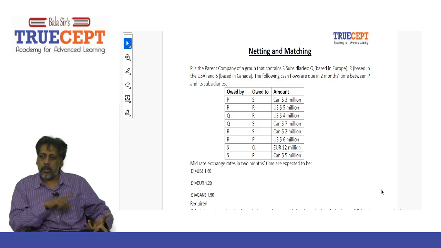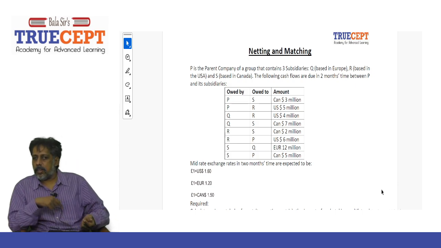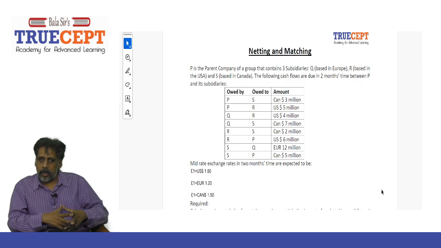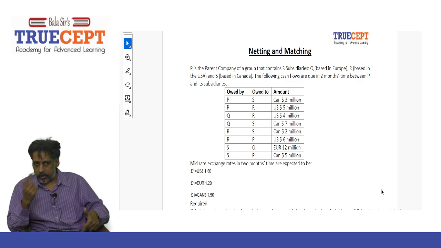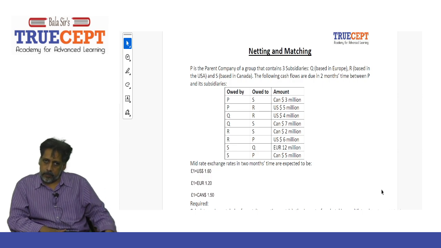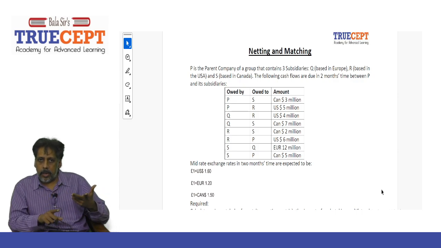So 3 million are payable for P, and it's a receivable for S. It is a cash outflow for P and cash inflow for S. Next, owed by P and to R. Again for P, payable, for R, receivable. What is the amount? US dollar 5 million.